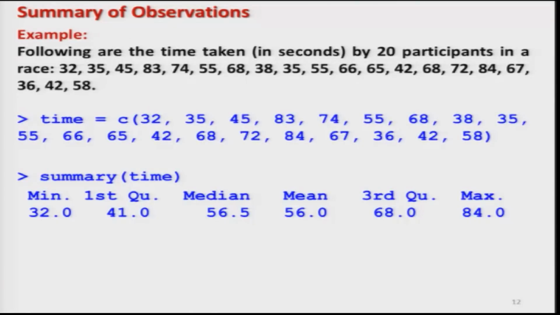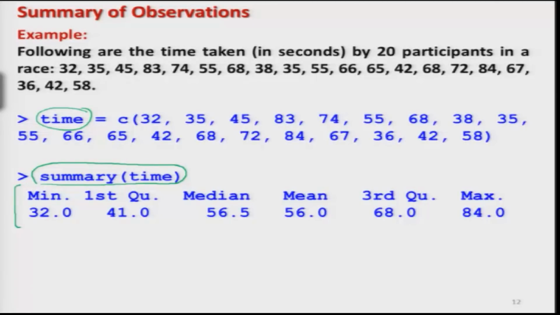And now, I take the same example that I took earlier, where we have the data on 20 participants in the time taken in a race, and the data has been stored in a variable, time. So, now when I say summary time, then on execution we get an outcome like this one.